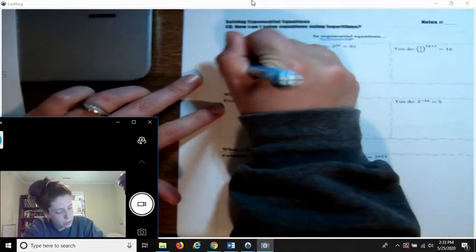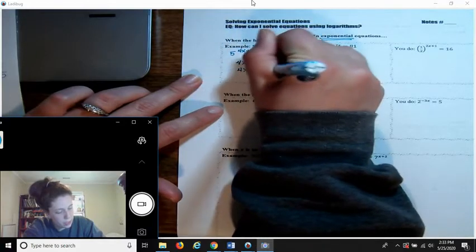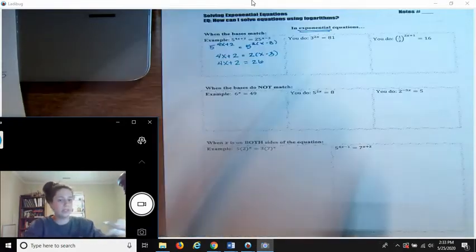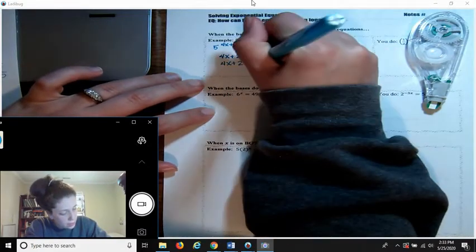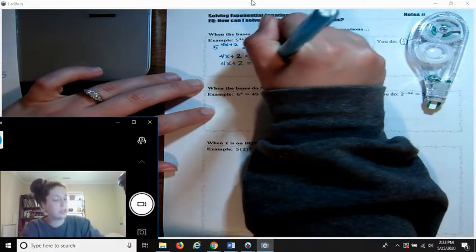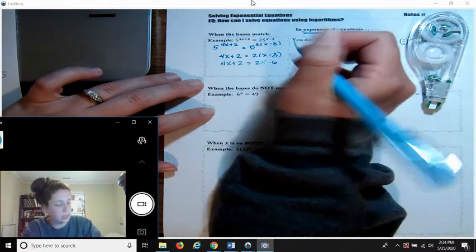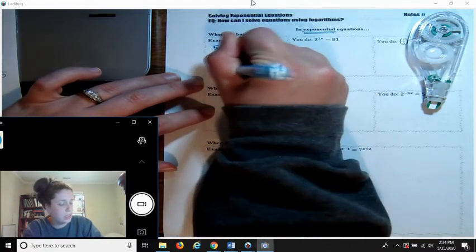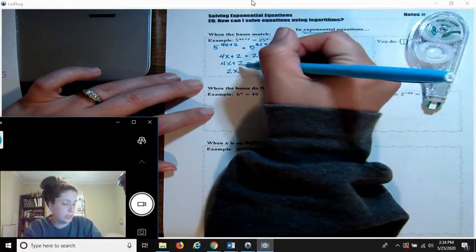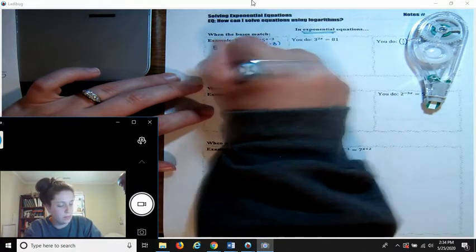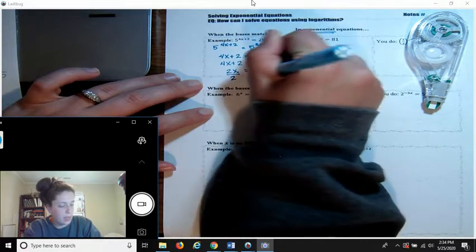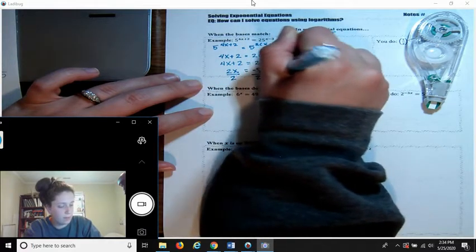So we have 4x plus 2 equals 2x minus 6. Subtract 2x from both sides to get 2x on the left. Subtract 2 on both sides to get negative 8 on the right. Divide by 2 to get that x equals negative 4.